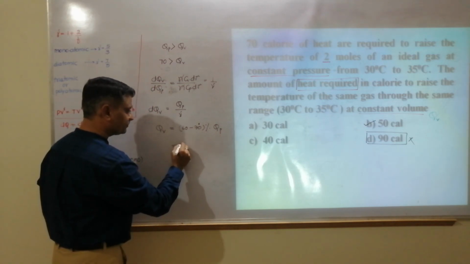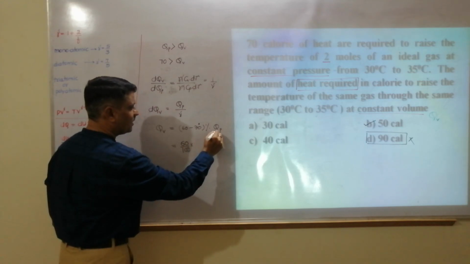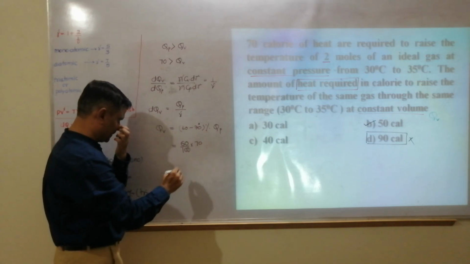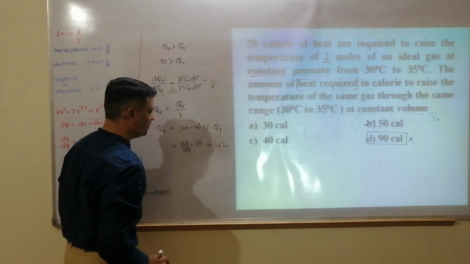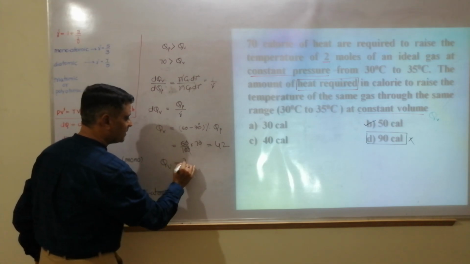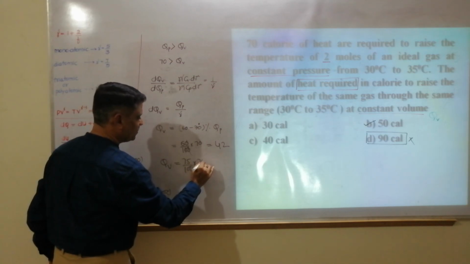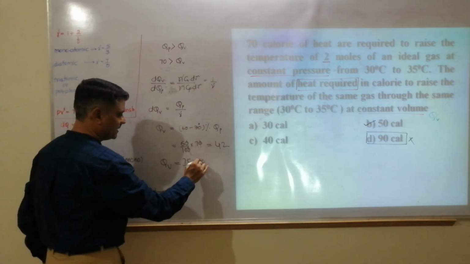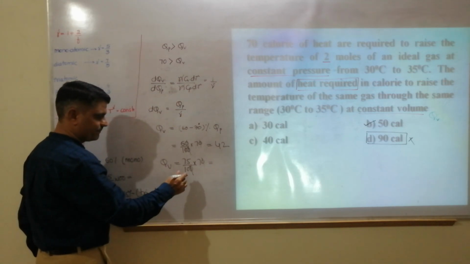See, first, if I write 60% of today's Qp, 70. This cancels. Possibility is 42, for Qv. The maximum is 75% into 70. This cancels.